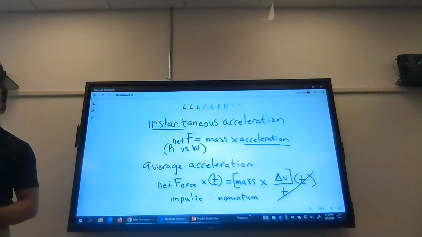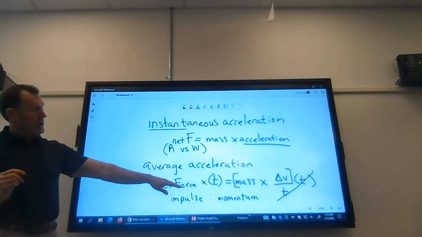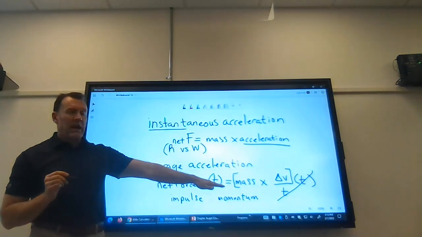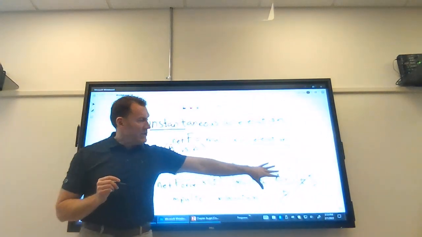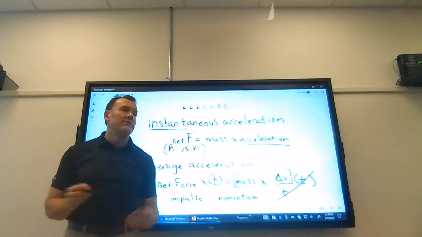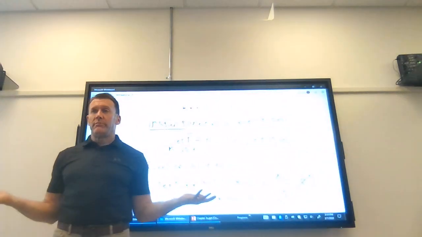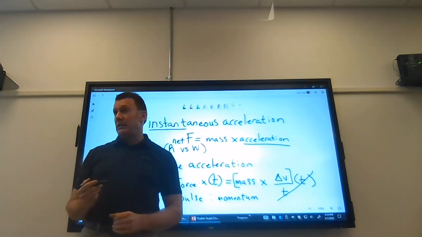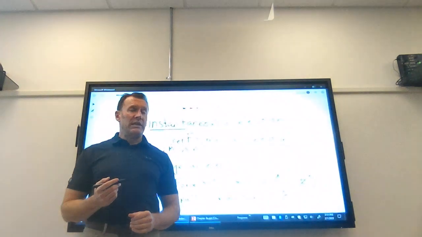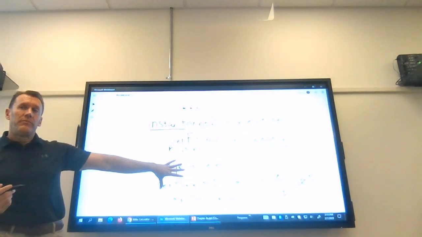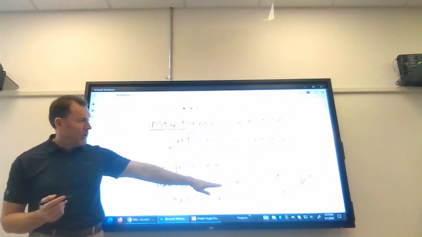relationship. So what this says is that when a net force is applied over a time interval, you're going to have a change in momentum. And because mass is constant, what that usually means is that you have a change in velocity that changes momentum. So a net force, which produces acceleration, and that net force is applied over an interval of time.